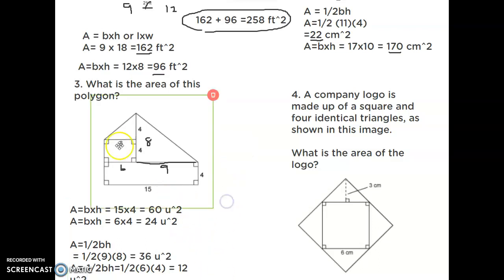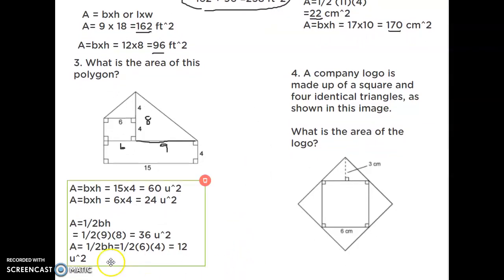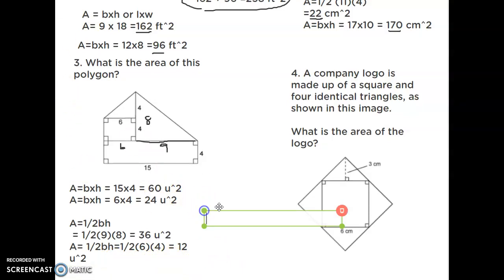Okay, one second. We're going to scoot this down a little bit. And we need to add all of these together in order to get the total area. So area equals, we're just going to add these a moment. So we need to do 60 plus 24 plus 36 plus 12.